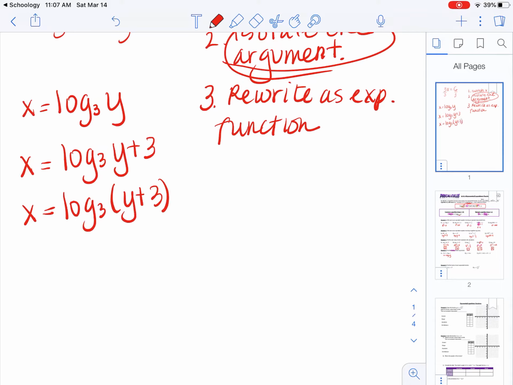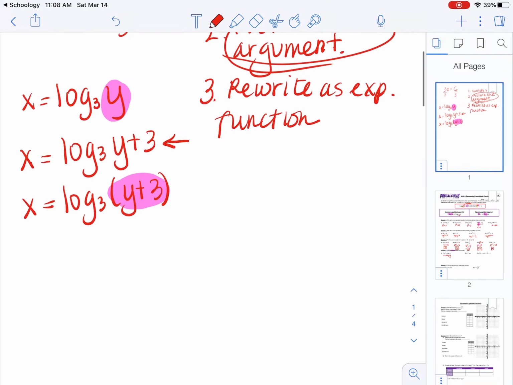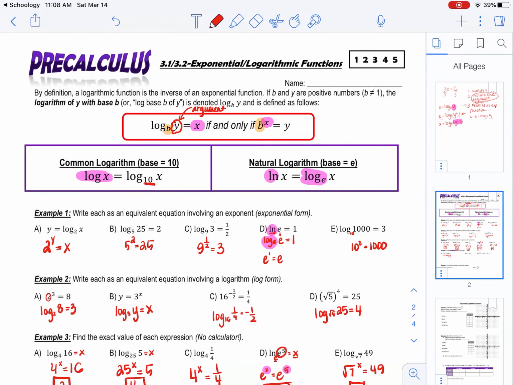In two of these, the argument is isolated. It's by itself. In this example, the argument's by itself. In this example, because it's all tucked in with the parentheses, the argument's by itself. In this example, the argument is not by itself. So to get the argument by itself, the first thing I would have to do is subtract 3 from both sides. x minus 3 equals log base 3 of y. Now the argument is isolated, and you can move on to the next step, which is rewrite as an exponential function.